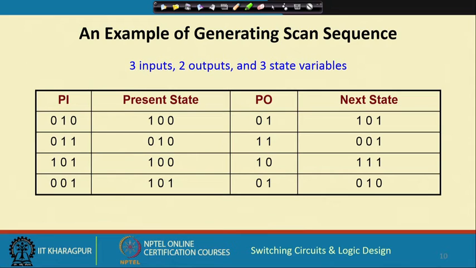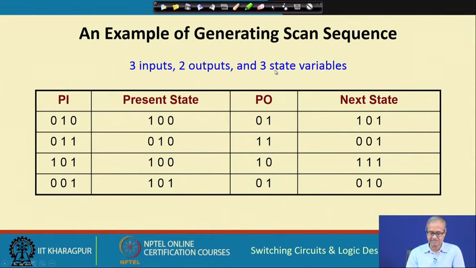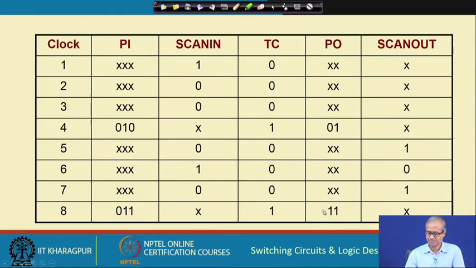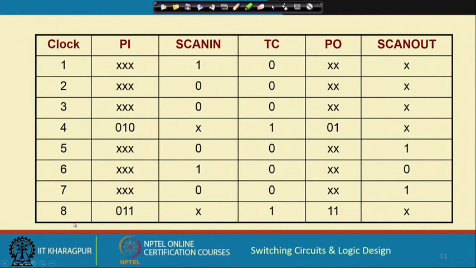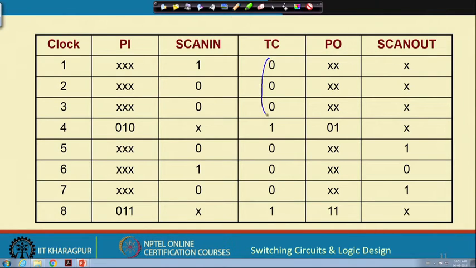So, a very specific example: 3 inputs, 2 outputs and 3 state variables. Suppose these are the tests generated by the test generator, these are the inputs and these are the expected outputs, and clock cycle wise you can apply like this. First 3 clock cycles Tc will be 0, you shift in the value of the present state.